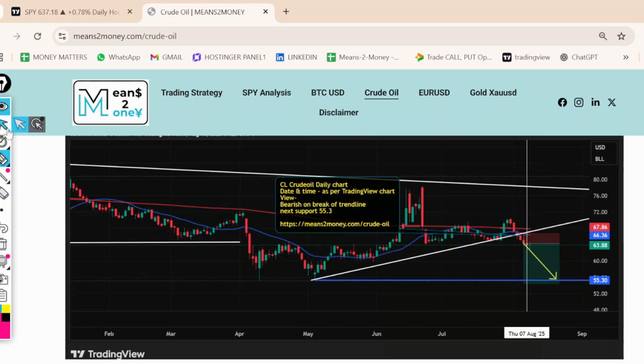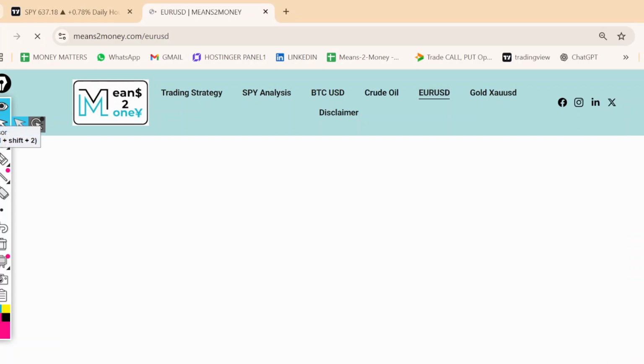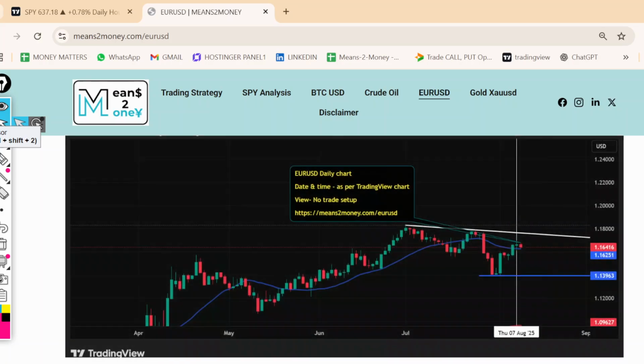Next we have Euro USD. Euro USD also is in a no trade zone. It is stuck between moving averages. It is almost close to the 20 moving average, but there is a downward sloping trend line.